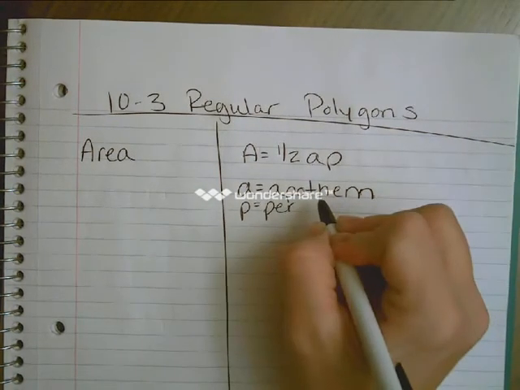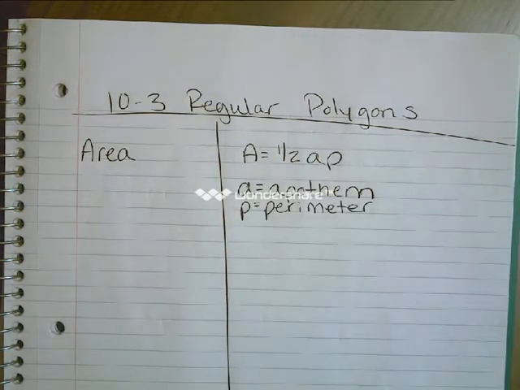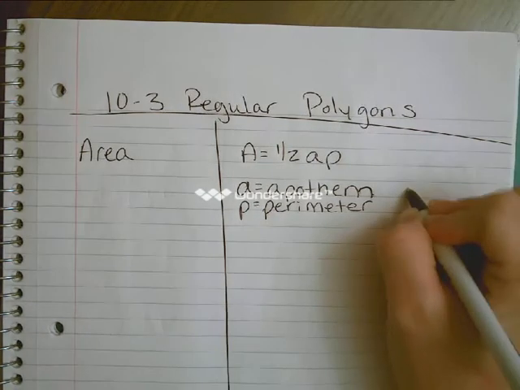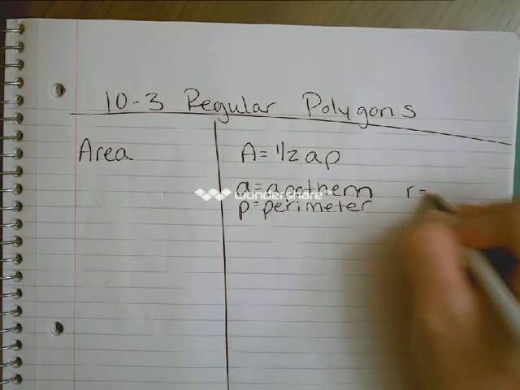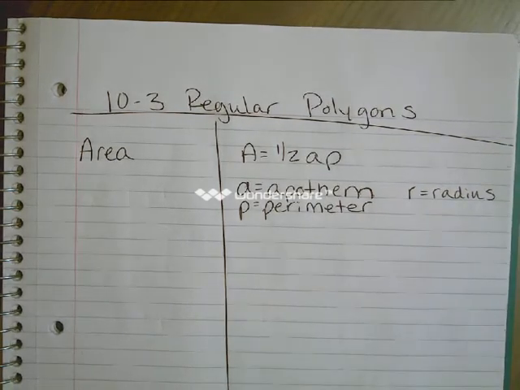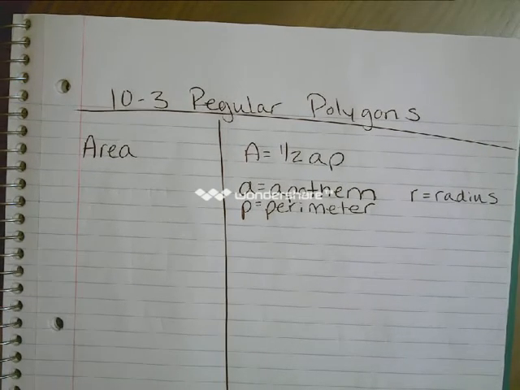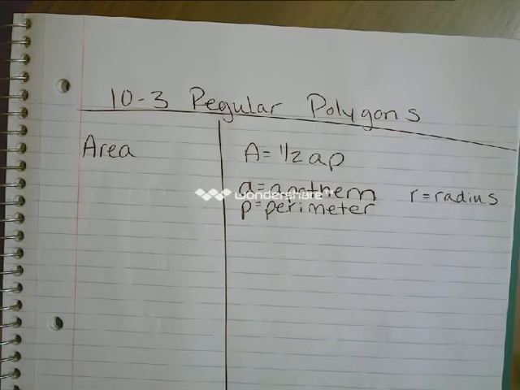The next word you'll recognize, perimeter. Another word you'll need is radius. And I can already tell what you're thinking. This isn't a section about circles. Why are we talking about radius? Well, a radius on a circle is the distance from the center to the edge of the circle.